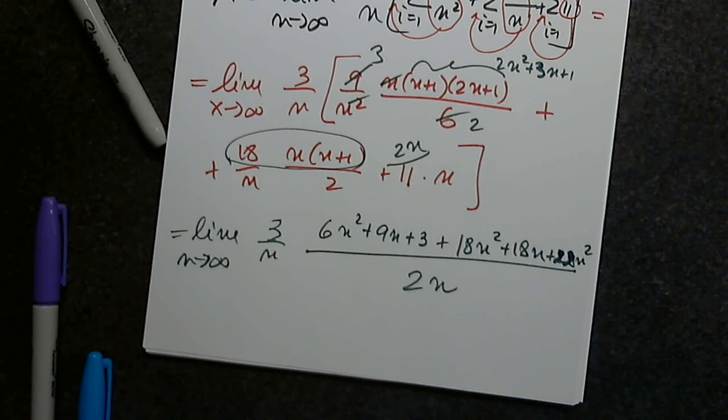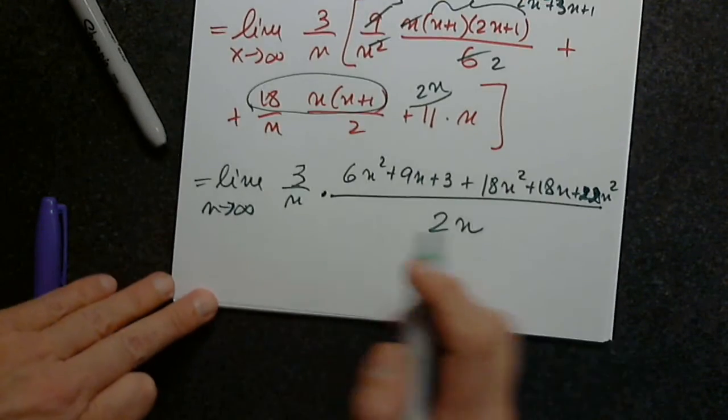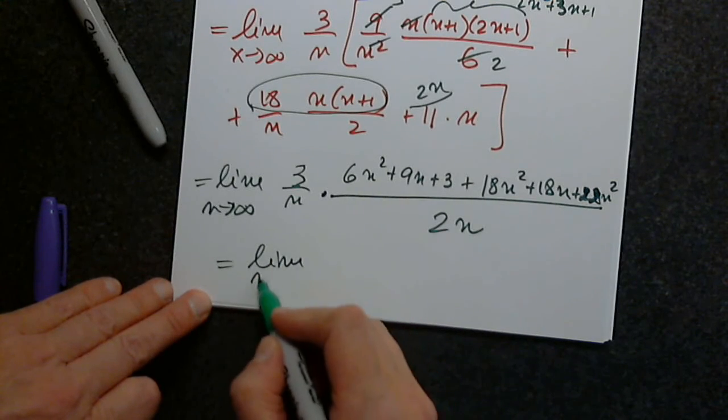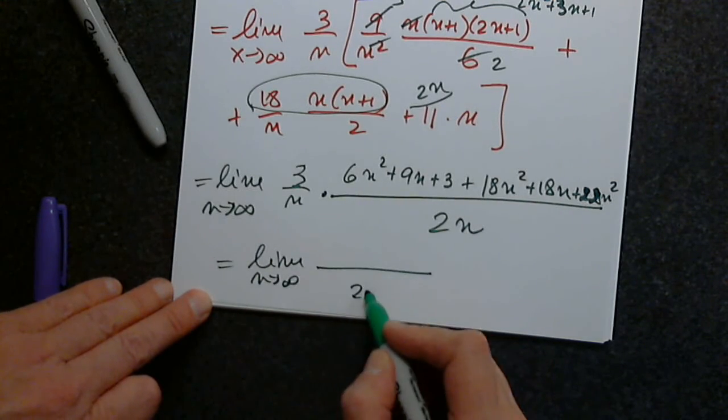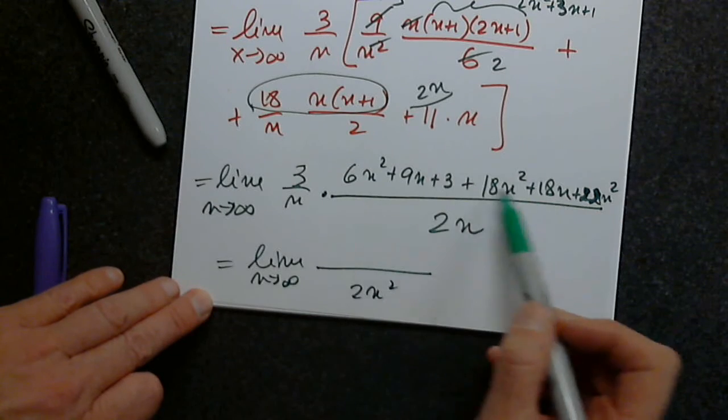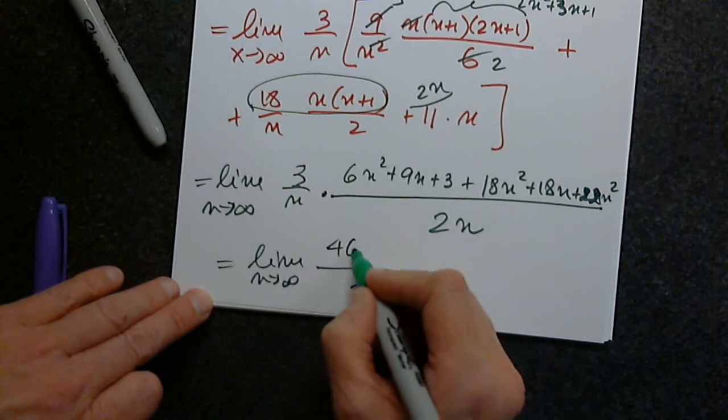Now I have to present everything at the top in descending order. I see a 22 and I see an 18, and that's 40, and then 46 n squared. Limit as n approaches infinity of 46n squared, plus 27n and plus 3.